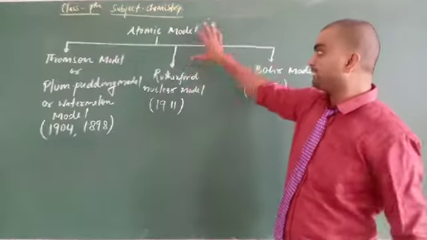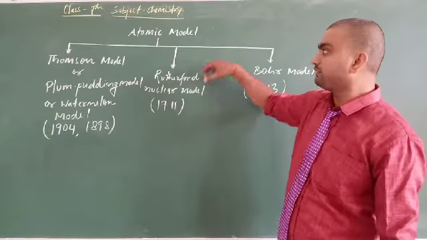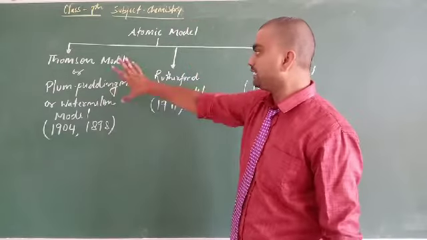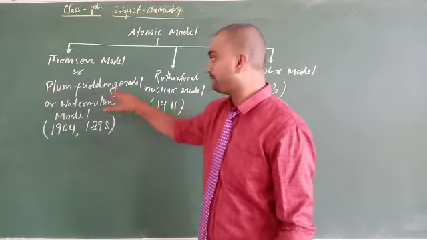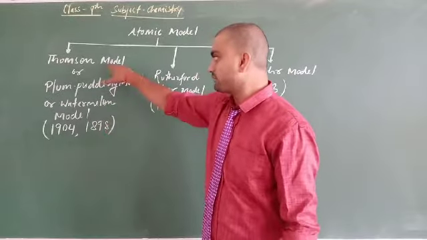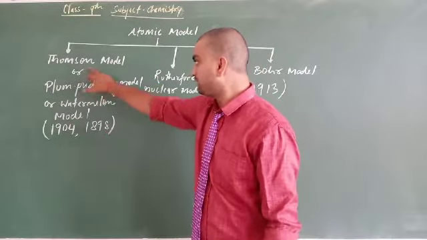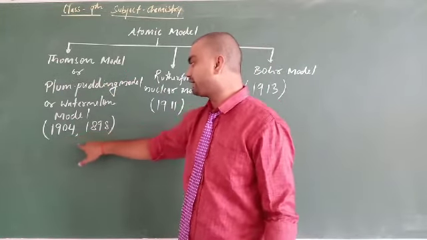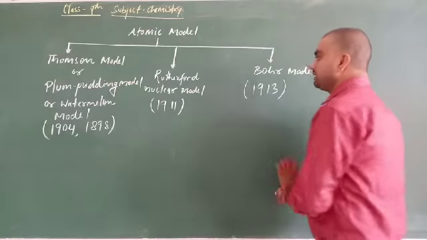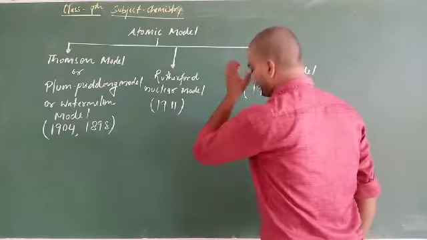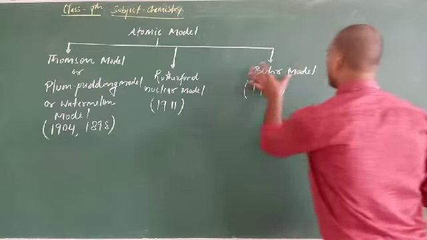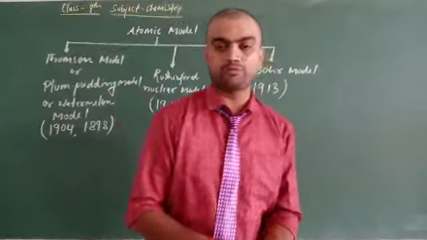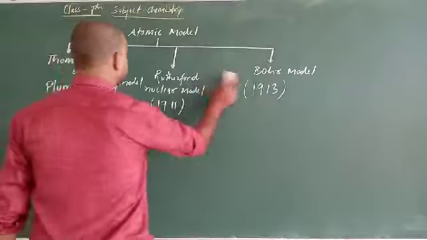To know the positions of the electron and proton in the atom, we have to consider the atomic models, and these are three: the Thomson model, also known as the plum pudding model or watermelon model, given by Thomson in 1904 or 1898; the Rutherford nuclear model, given by Ernest Rutherford in 1911; and the Bohr model, given by Bohr in 1930. So let's come on, we will talk about the Thomson model.